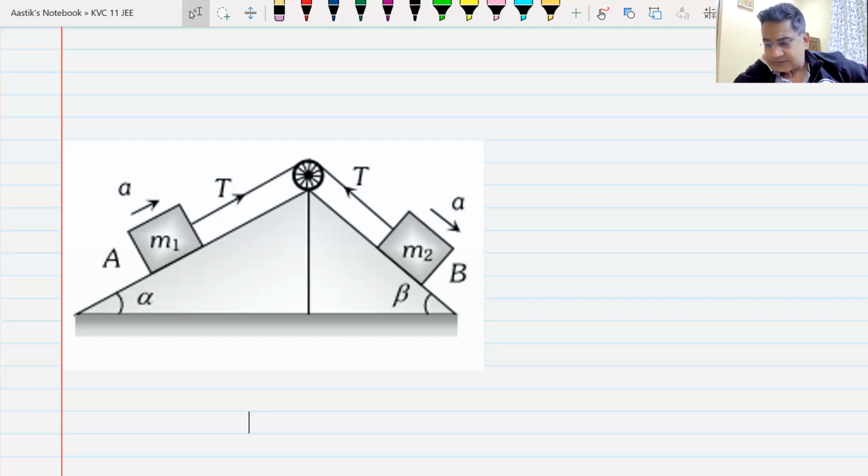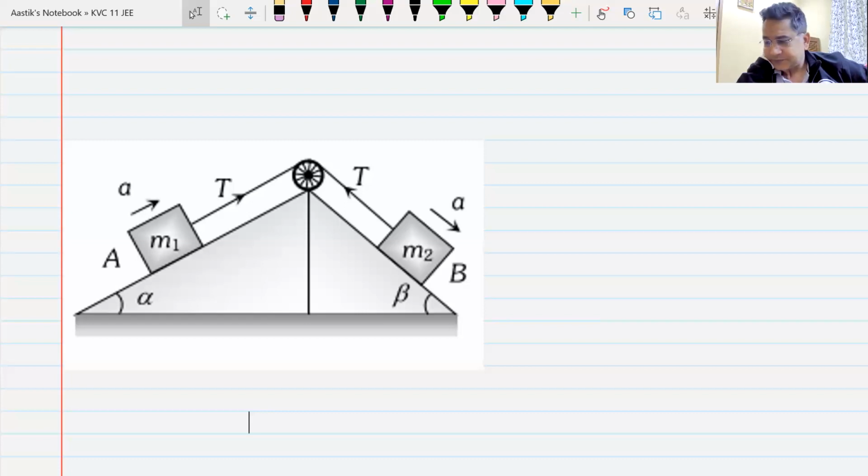No, that is not the case. Think again. It is not inclination and not weights singularly. When will M2 go down and when will M1 go down?